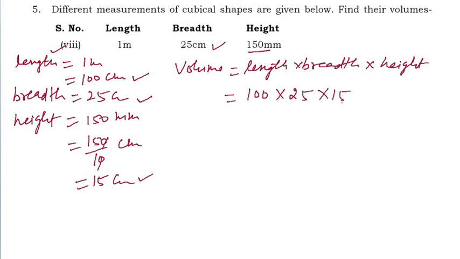Now multiply all. 15 times 25 is 375, and double 0 is here, and the unit is centimeter cube. So that will be your answer.